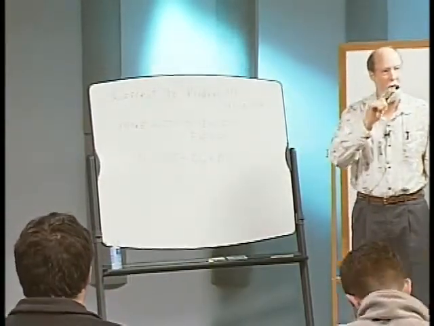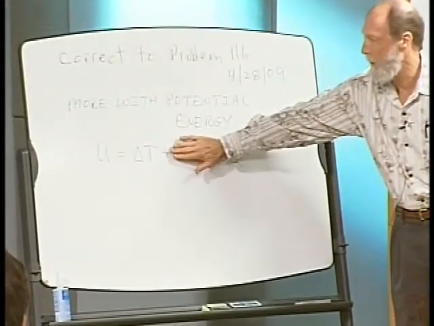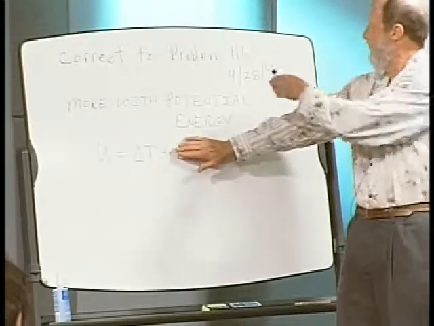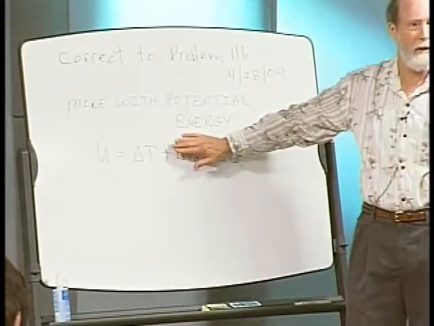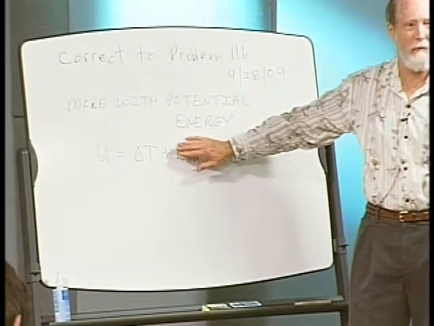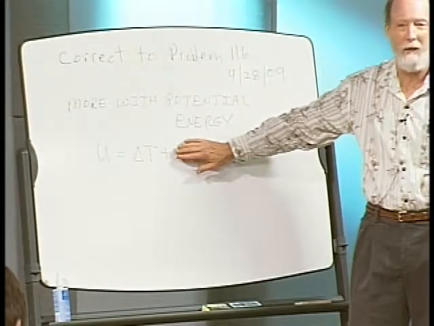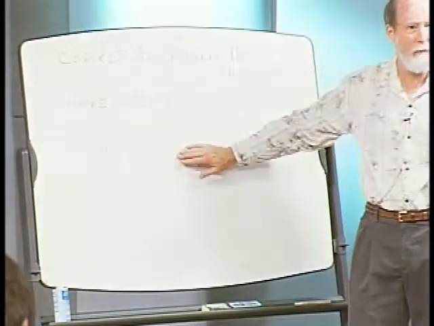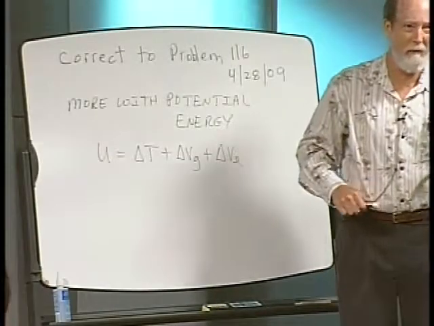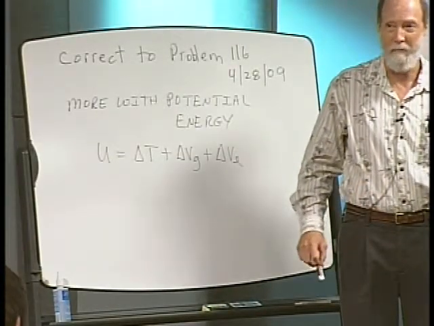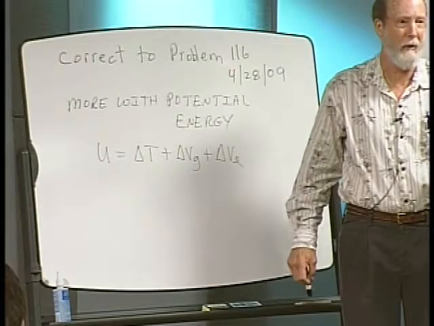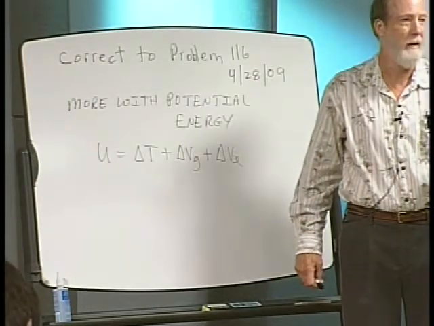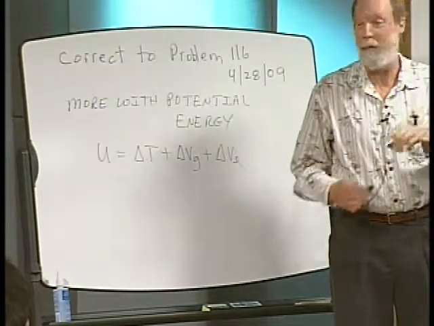Work equals the change in kinetic energy, U equals delta T. And there was a problem that we did, number 116, in class, and right at the end of class I was rushing because I got the signal that we were just about out of tape time for the DVD, and I failed to draw a free body diagram, and we were left with a question mark about the total displacement of the spring. So what I want to do is go back and clear up that error in that work and make sure you're real clear on how important that free body diagram is.